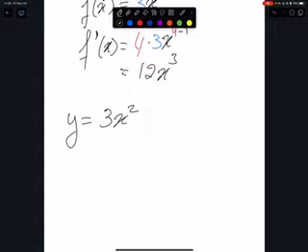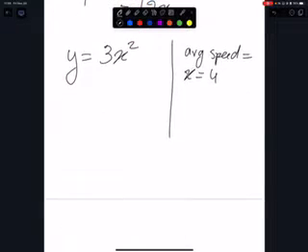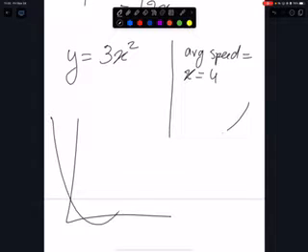Find the average speed at where this person was going at x is 4. Yes, so you have a graph, 3x squared. Here it is. Yes, something like that. When x is 3, what is his average speed when x is 3?